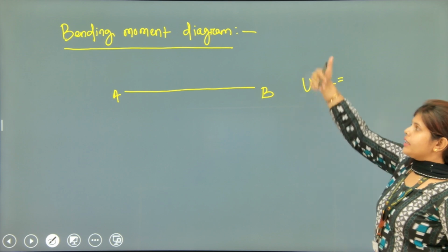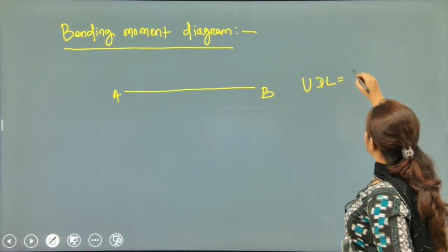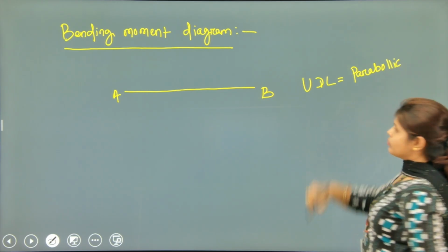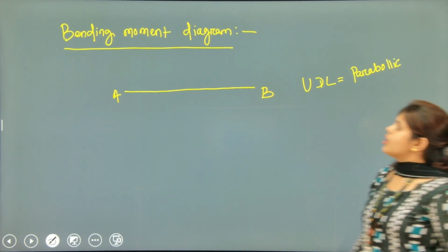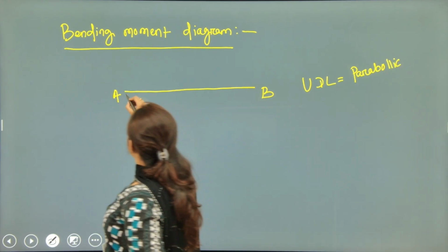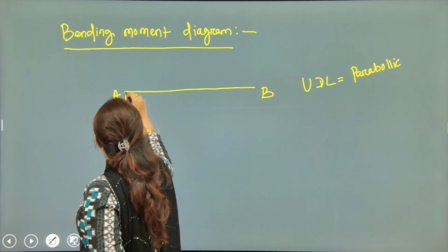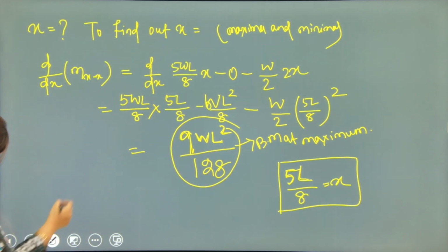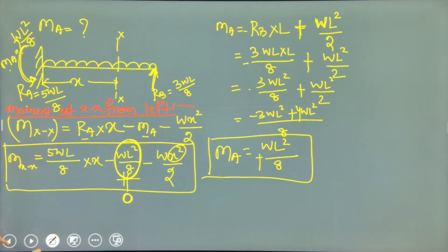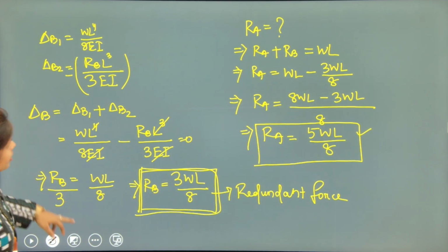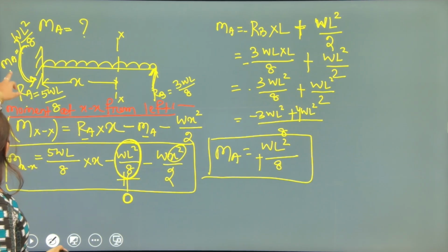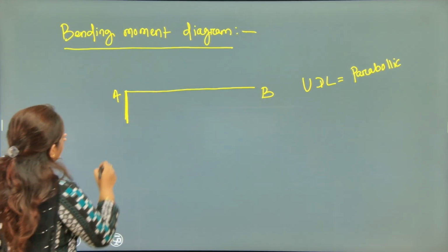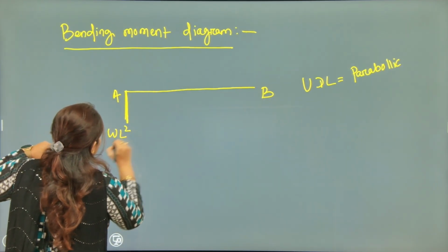For UDL, in case of bending moment diagram, we have to draw the structure as parabolic. In case of AB, the moment at A will go below the structure, and here the moment at A is WL square upon 8, so it will be moving in the downward direction.